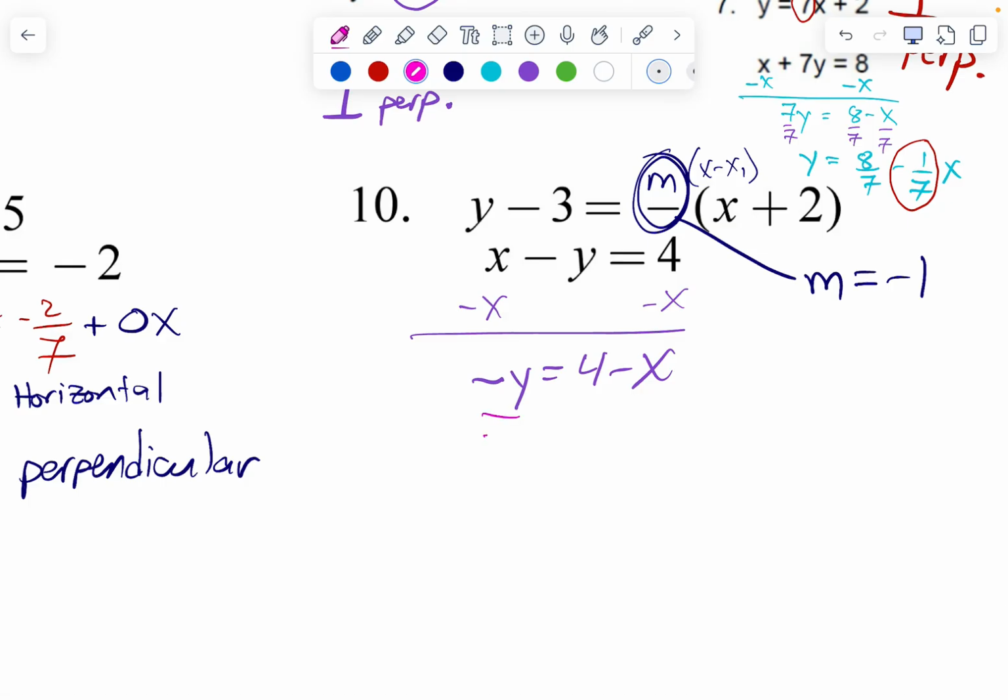Divide by -1. And what happens when you divide negative x by -1? Get x. What is -1 divided by -1, please? One. Just +1.